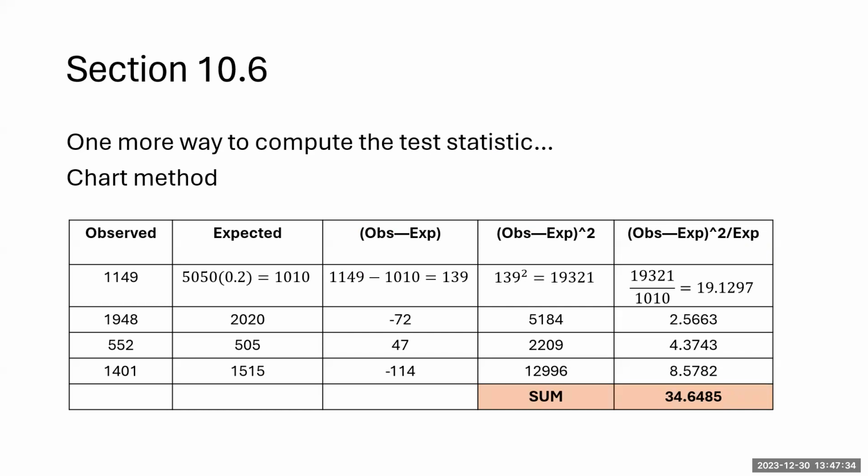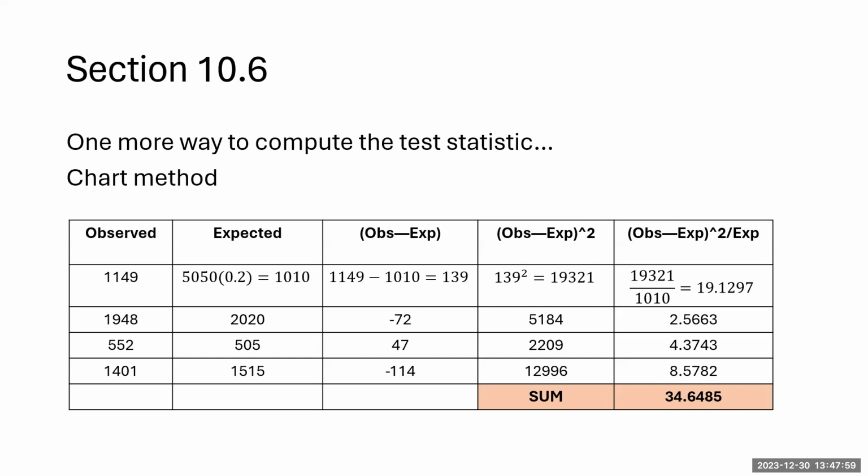If you didn't like listing out all those fractions, you could have organized things in terms of a chart, and that's what I'm demonstrating here. On the left side, we've listed all the observed values. Then we list the expected, and I worked the first column so you see where the values are coming from. I took 5050 times 0.2, where 0.2 was the 20% for that color, and got 1010.